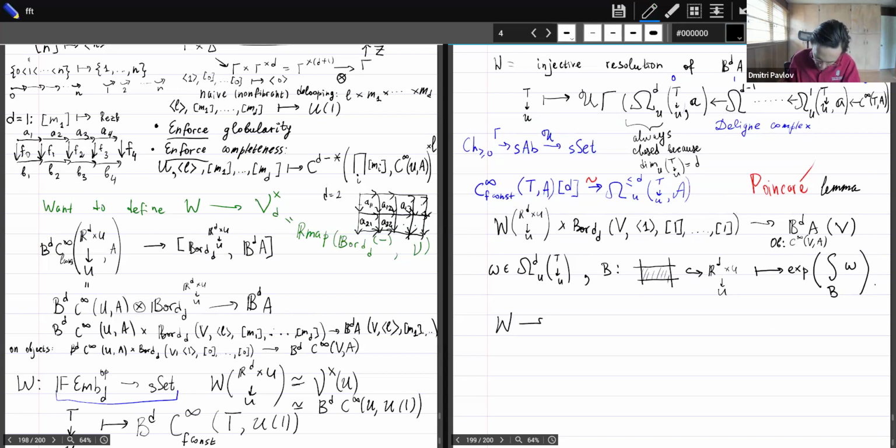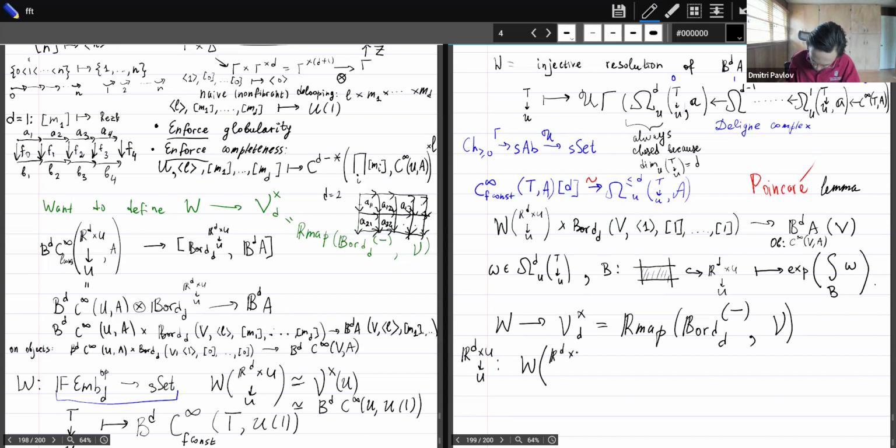So we want to write down a map from W to V cross D, which by definition is derived mapping simplicial set from board D to V. And so by adjunction, to write down this map, we fix some object in our RD times U over U. So what we need is to write down a morphism from W evaluated at RD times U over U to R map board D, RD times U over U.